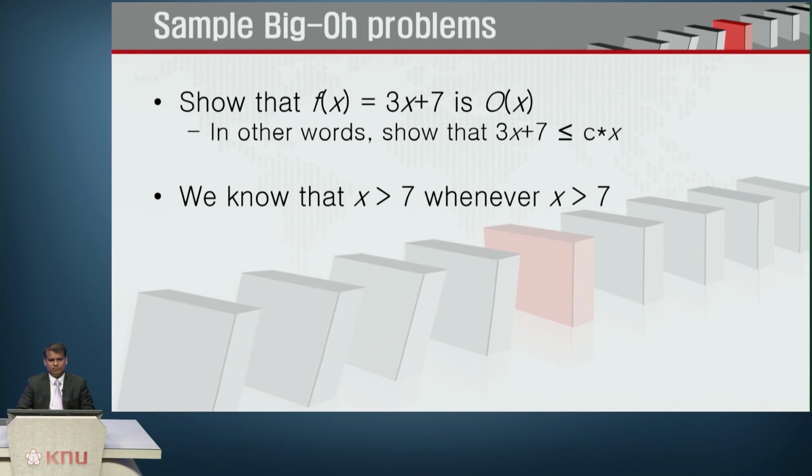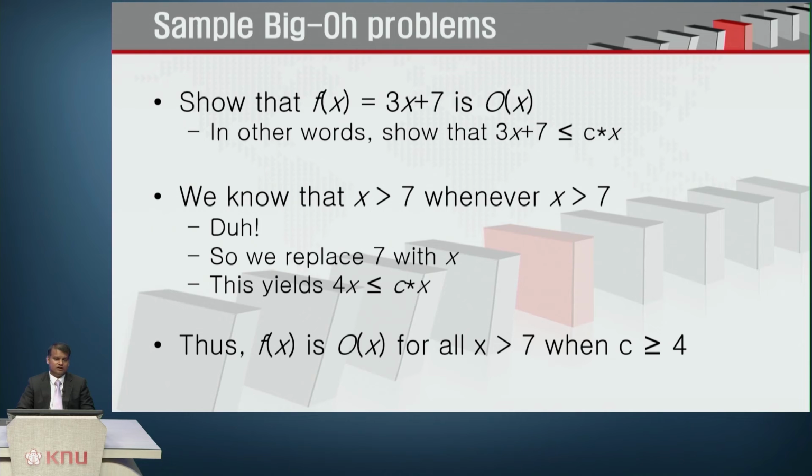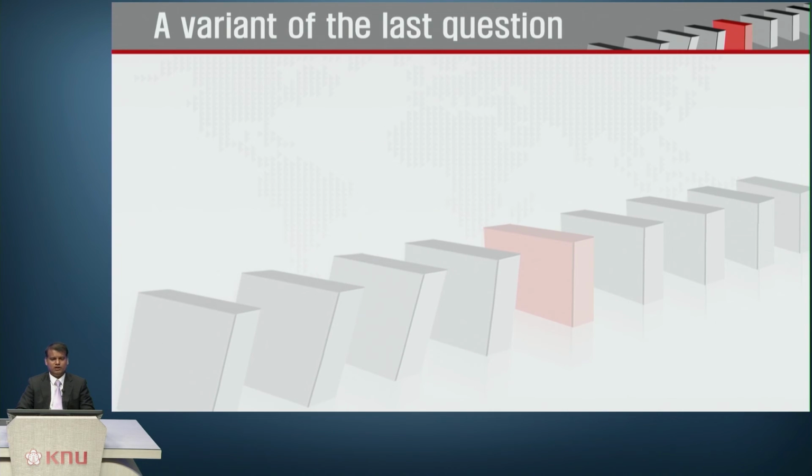Again, a similar thought for a different problem. You can replace 7 with x, and 4x is less than or equal to c times x. Again, c would be greater than or equal to 4. Generally speaking, big O is like O of x as we have seen here, the operations involved. In other words, people use the term big O for the operations involved.